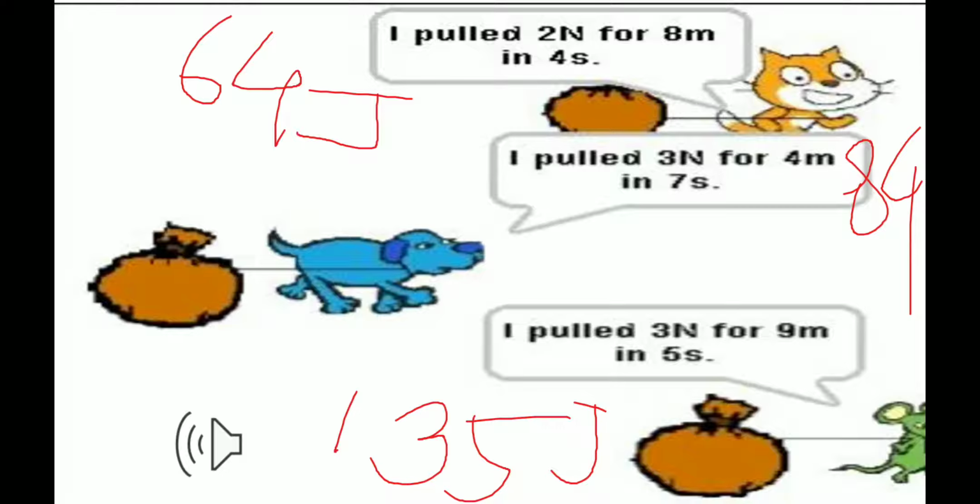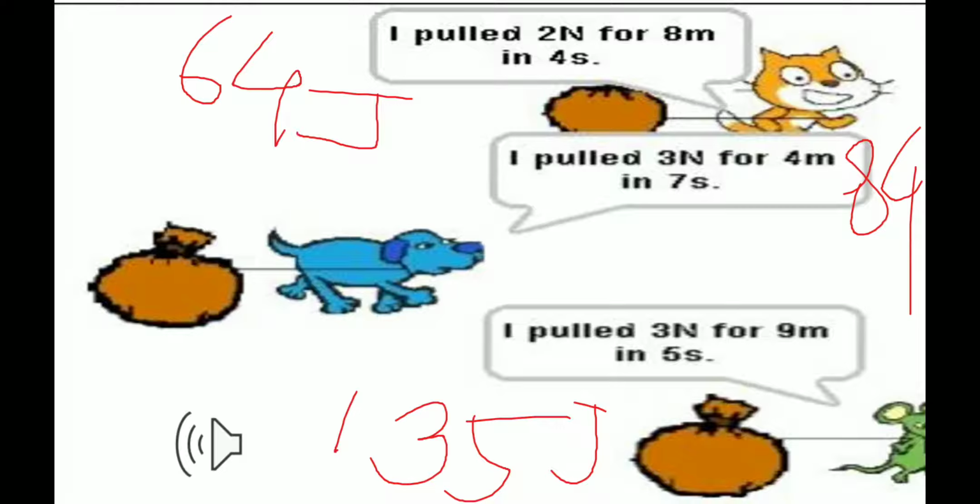Now I pulled 3 Newton for 9 meters in 6 seconds. So how much work done in 1 second? 9 meter into 3 Newton, that makes it 27 Newton meter into 6, that is 135 joules.